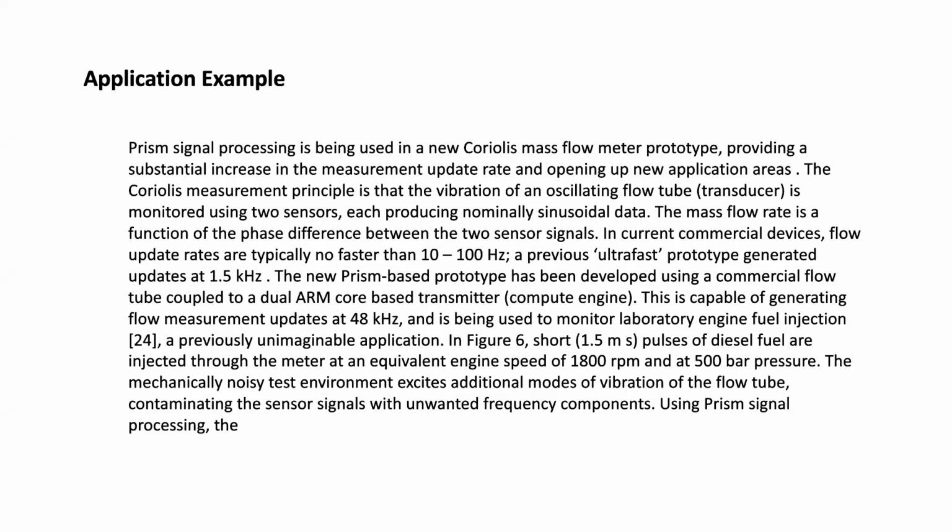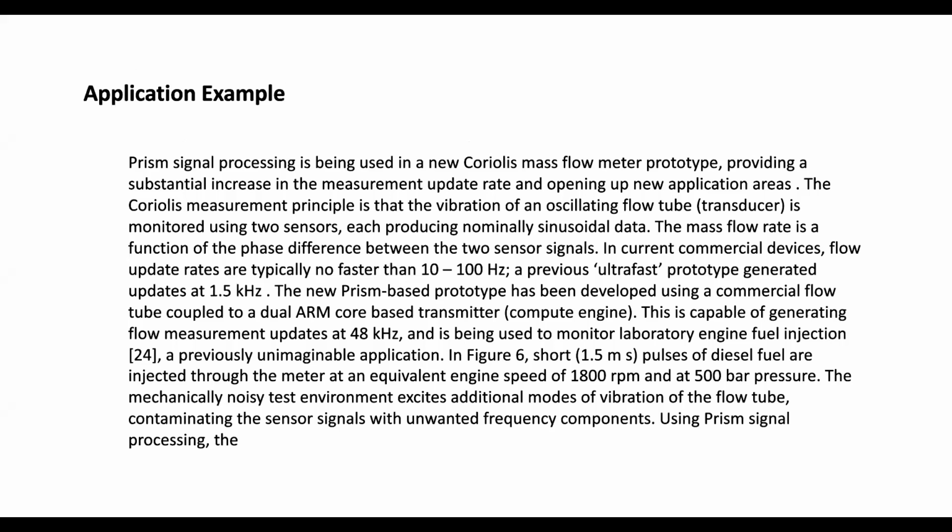Application example. Prism signal processing is being used in a new Coriolis mass flow meter prototype, providing a substantial increase in the measurement update rate and opening up new application areas.